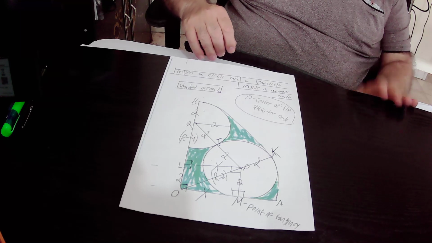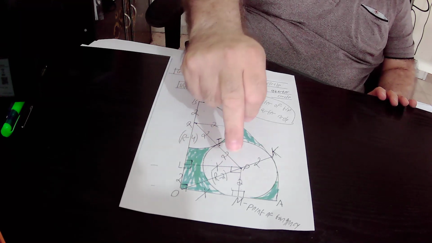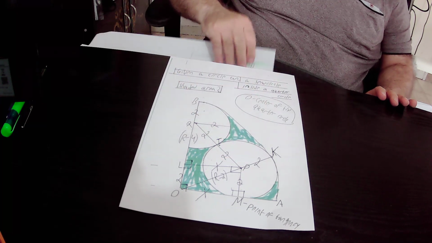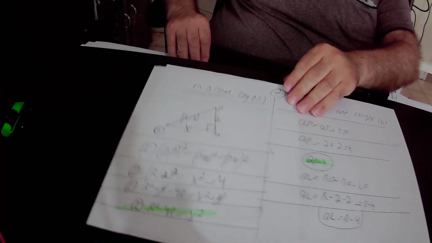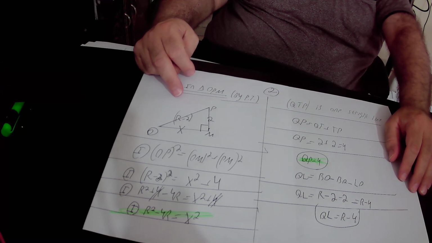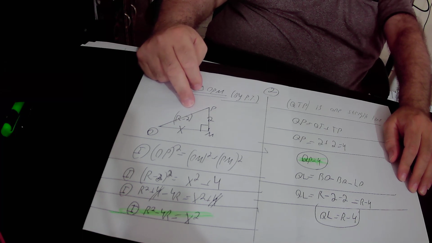Then I copied the right triangle OPM in a new page and we implemented the Pythagoras theorem on this right triangle OPM. We just found that hypotenuse OP equals capital R minus 2.